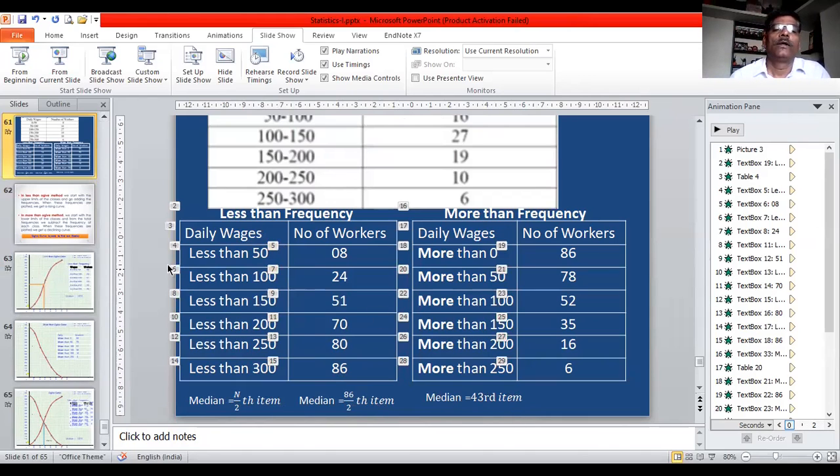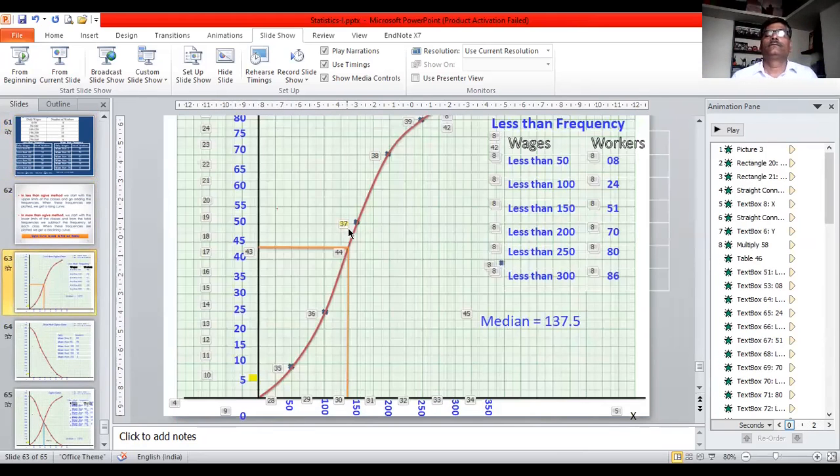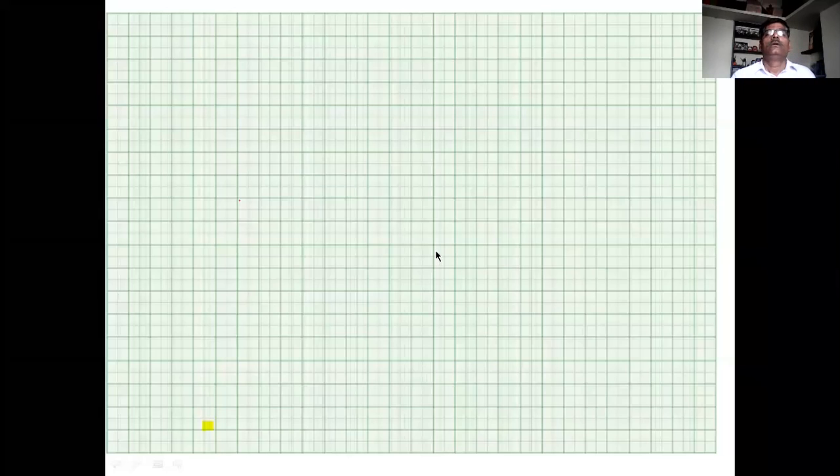With the help of this, I will show the less than frequency curve. You see this. This is the less than frequency curve, the less than ogive curve.